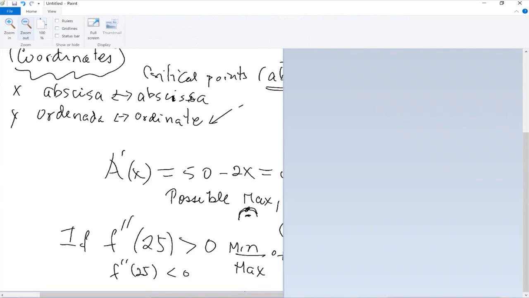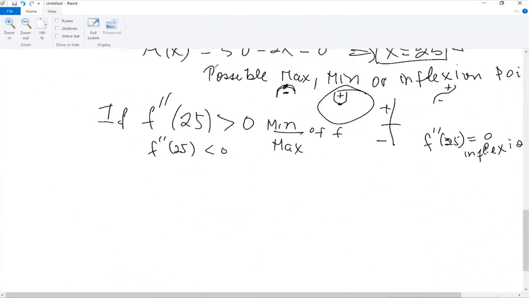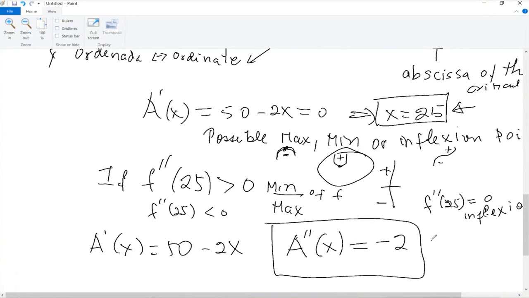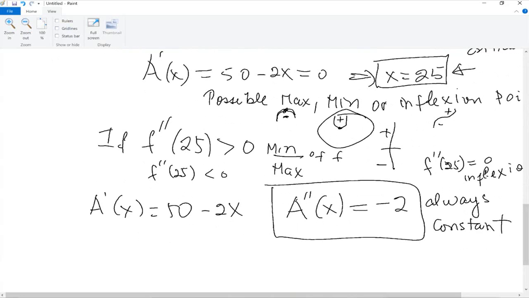Okay. All you have to do is check. A prime of x was 50 minus 2x, and A second of x is minus 2. Always constant, which doesn't happen many times. Maybe with 2x squared, and then if I had to put a 25, you have to put here a 25.